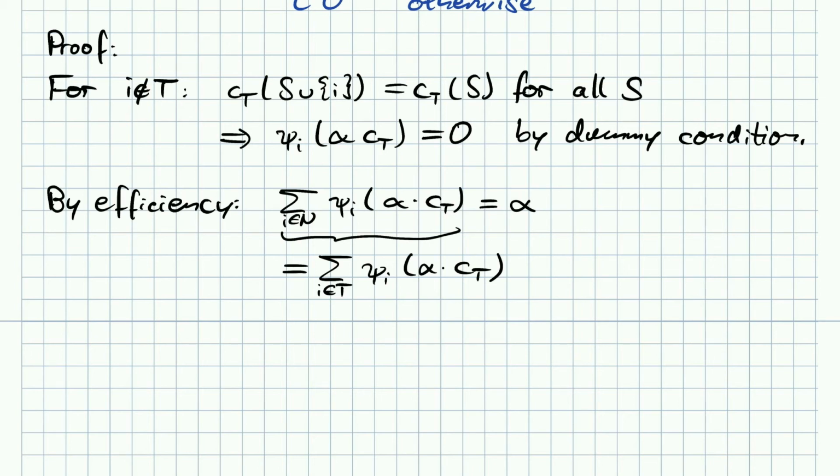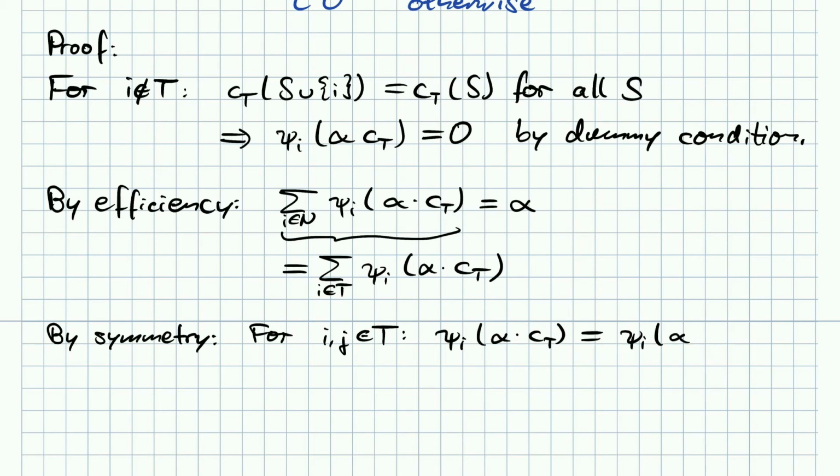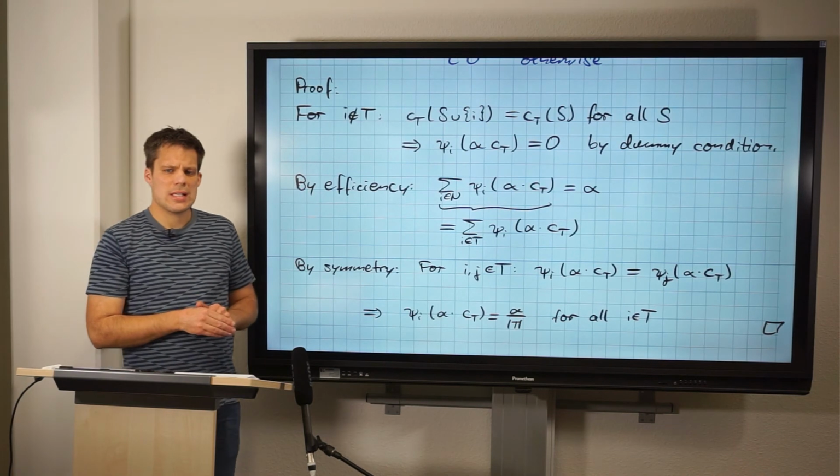Now by symmetry, for any two agents i and j in T, we will have that psi i of alpha times Ct will have to be equal to psi j of alpha times Ct, which means, combining this, that psi i of alpha times Ct will have to be alpha divided by the cardinality of T for all i in T. So nothing spectacular is actually happening here.